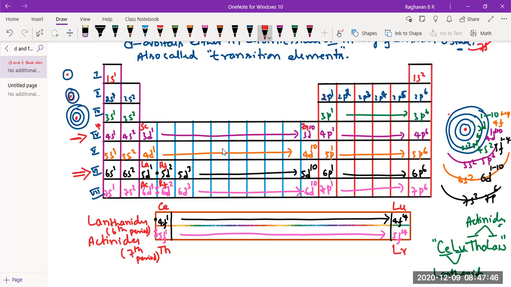The next one is yttrium, Y. 4D1 is yttrium, so the 4D series starts with yttrium and ends with cadmium. Then lanthanum, and after that, mercury. Then actinium, and finally copernicium, Cn.